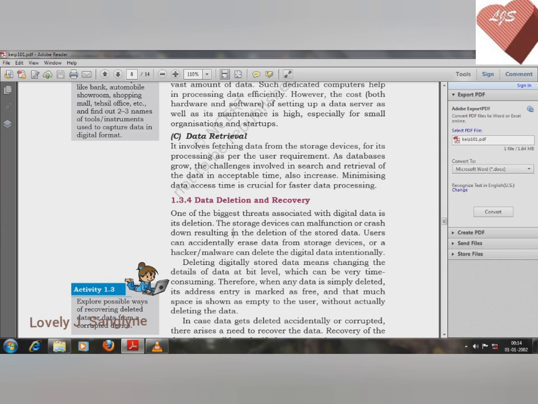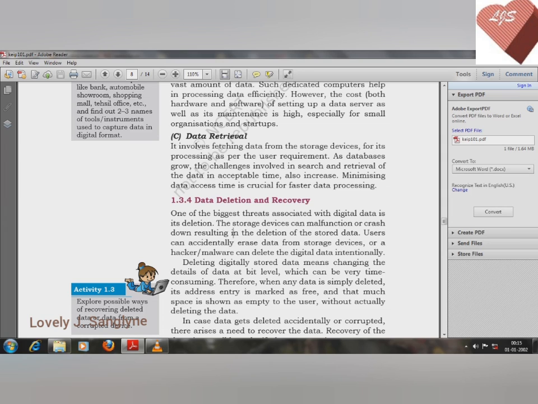Next is data deletion and recovery. Many times we want to delete something, but sometimes we don't want to delete those data that we have stored in the storage area. Sometimes the data are deleted accidentally.